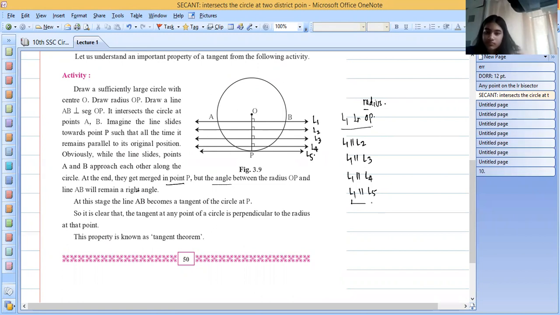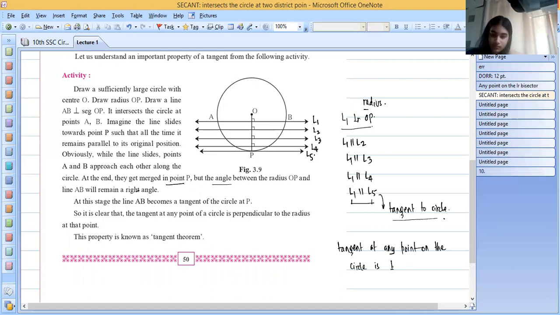And when L1 becomes L5, at that time L5 becomes tangent to the circle. That means the tangent at any point on the circle is perpendicular to the radius, and this is the tangent theorem.